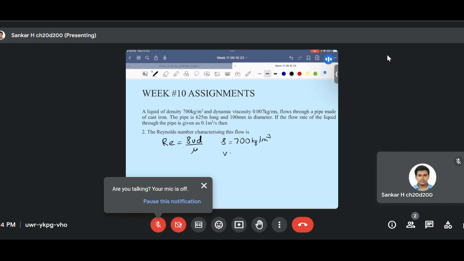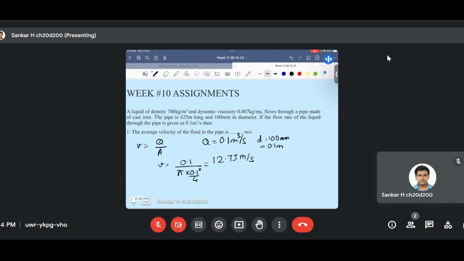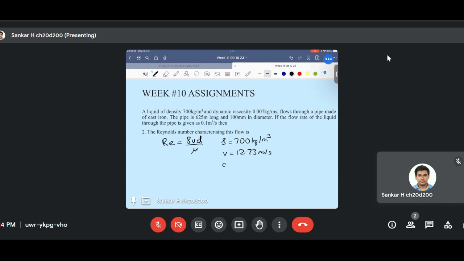The velocity we just found out to be 12.73 meters per second. The diameter is 0.1 meter and the viscosity is given as 0.007 kilograms per meter second. So all we need to do is substitute into the equation for Reynolds number.